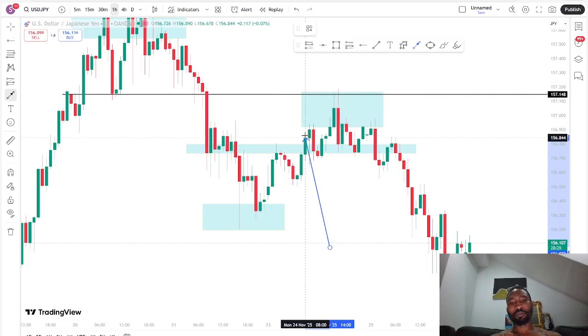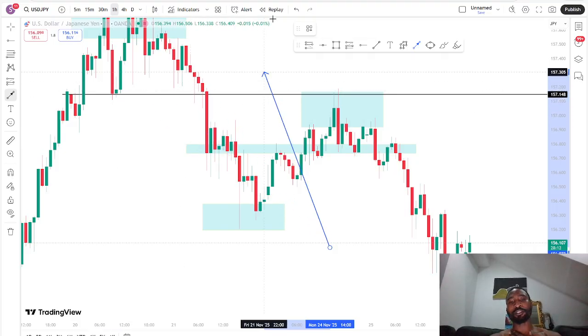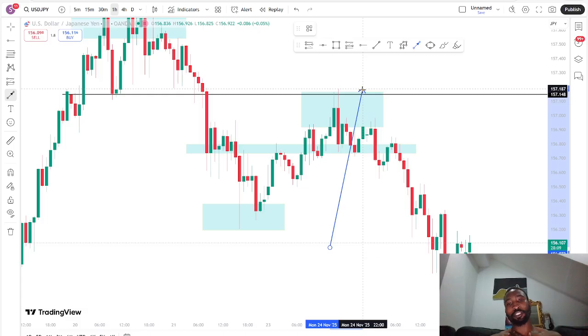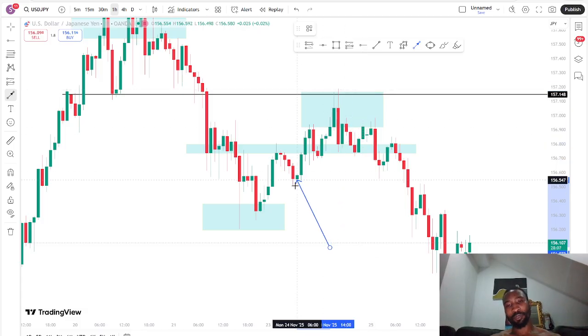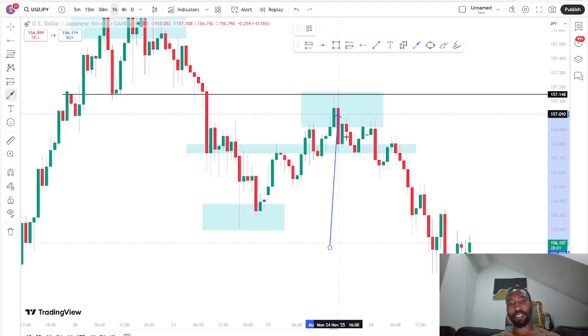Then while the market was doing it, your job as a person is you're not supposed to enter. You can enter here, which is good, but at the same time you have to be careful because the market might override this and just continue. You have to wait for the market to start shifting from the bullish momentum that we have here on 1 hour time frame. The market is creating higher high, higher low, higher high, higher low.